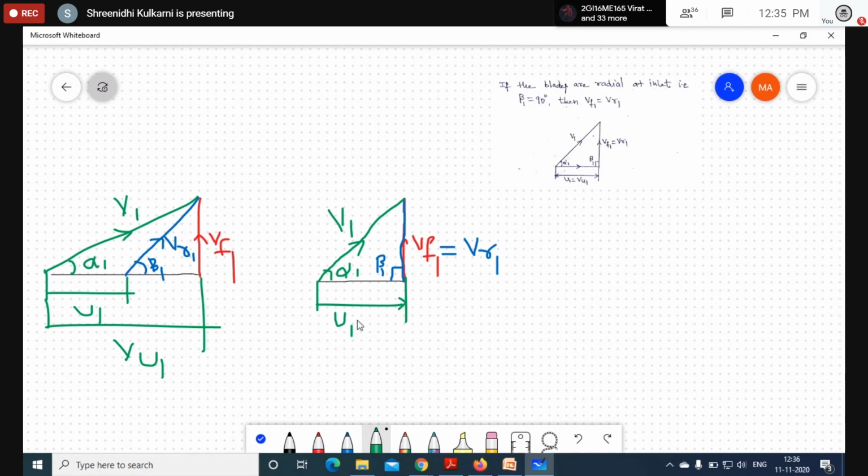So we get U1 is equal to VU1. Clear? I hope you understood this condition also, if the blades are radial at inlet. Yes, sir. Thank you.